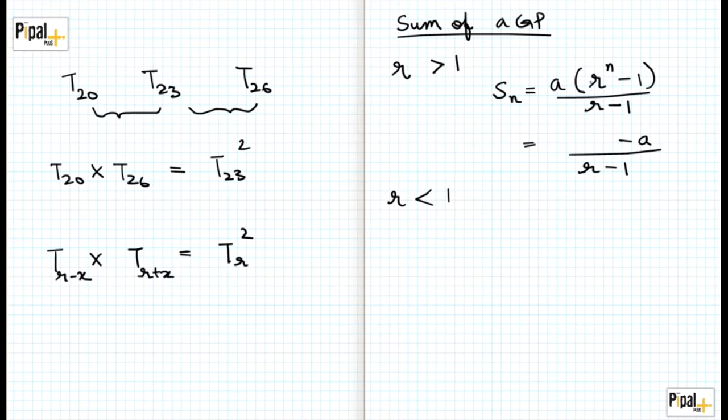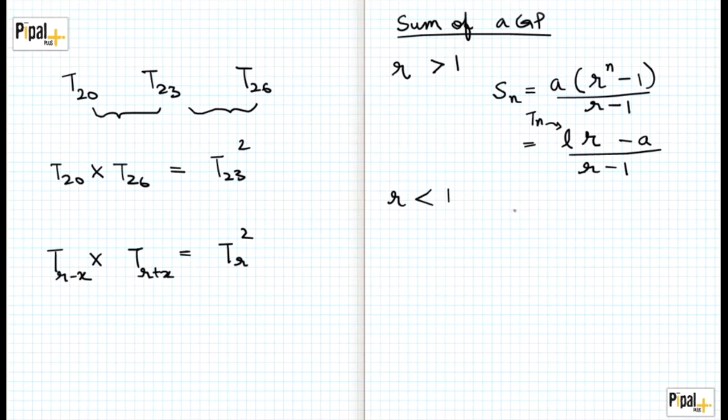But A into R to the power n gives us L into R, because A into R to the power n minus 1 is the nth term, which is the last term. So this is the nth term multiplied by the common ratio, minus the first term, divided by R minus 1. This is also how we can write the sum of a geometric progression when R is greater than 1.